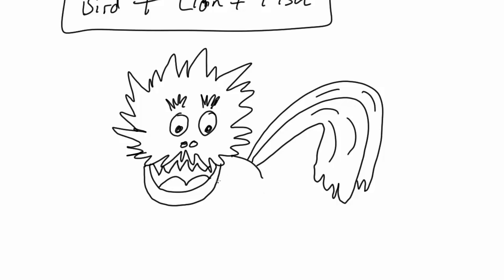And then to add the fish, so this is the bird part, this is the lion part, and then this here as a tail, we might add a tail like that, and then add some legs.